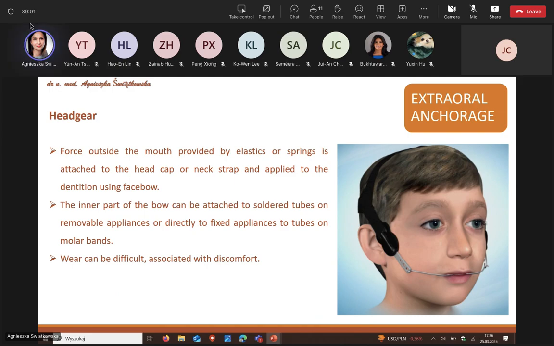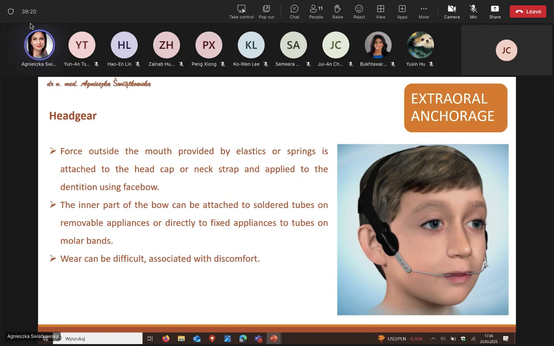But as you see, it's rather difficult for the patient to use it all the time. So usually patients use it during the night and sometimes a few hours when they are at home.